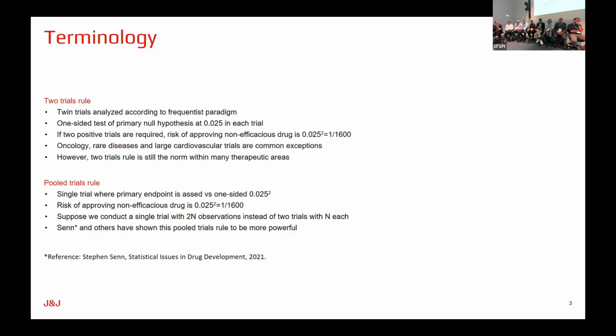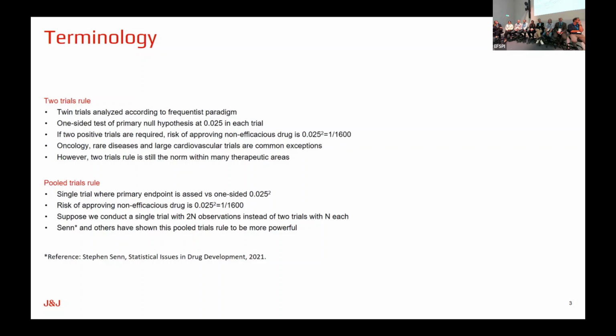Well, one thing that has been written on, so this is of course not totally new, is a single trial where you test the primary null versus 2.5% squared, if you want to have the same risk of approving a non-efficacious drug, so 1 over 1,600. You could debate, and people do, what these numbers should be.